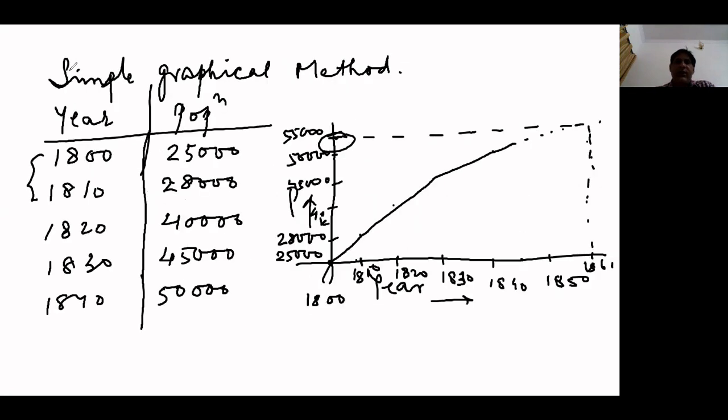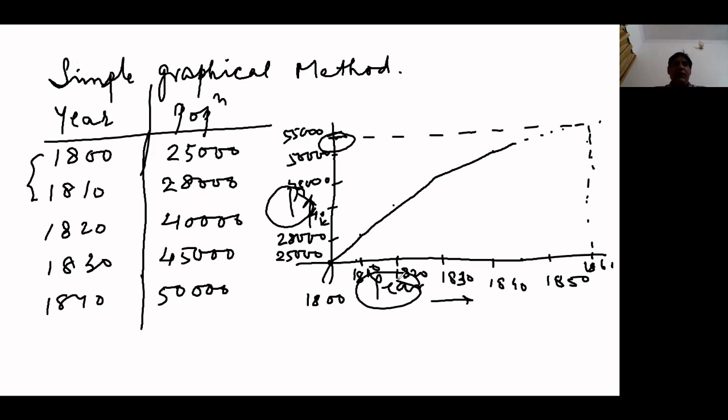Then we studied the graphical method, the simple graphical method, in which we were required to plot a graph between the population and the year, that is the time. The more precise the graph, the more precise would be the value of the forecasted population. So these were the 3 methods which were dealt with.